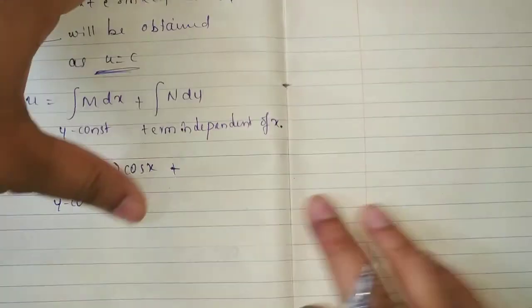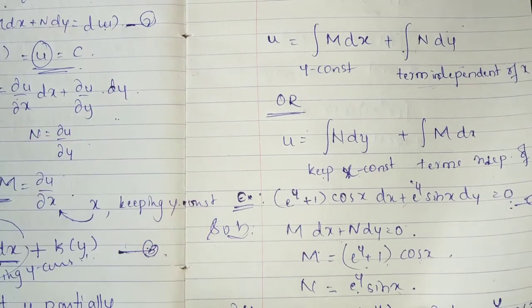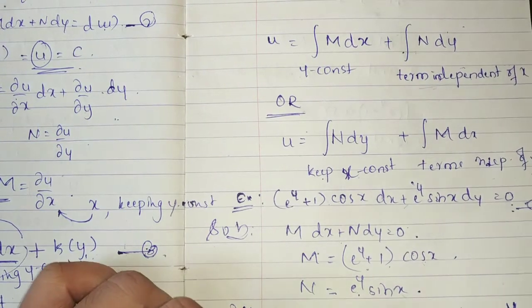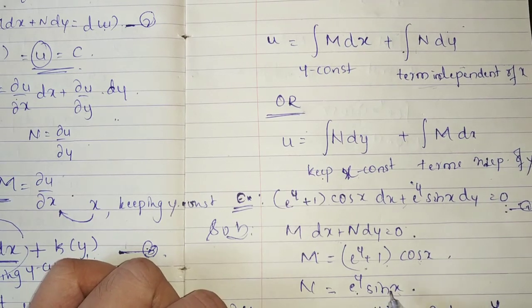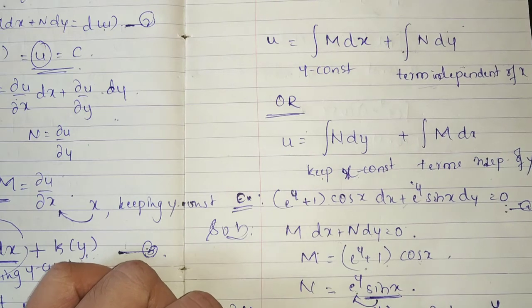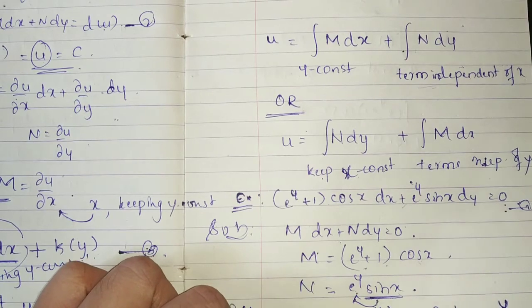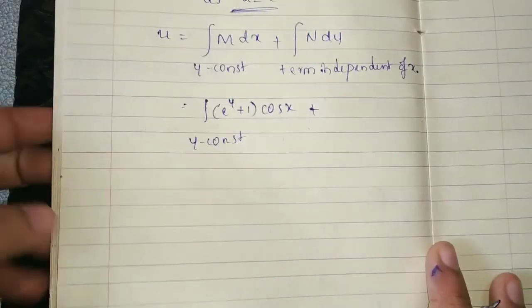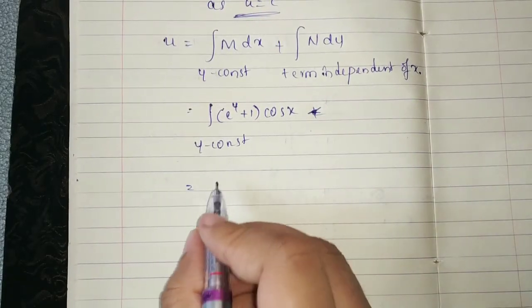Now the value of N is e^y sin x. No term here is independent of x, because sin x is multiplied together. Therefore, we can't take e^y separately as one term. Therefore, we are not having any term which is independent of x. So let it be.